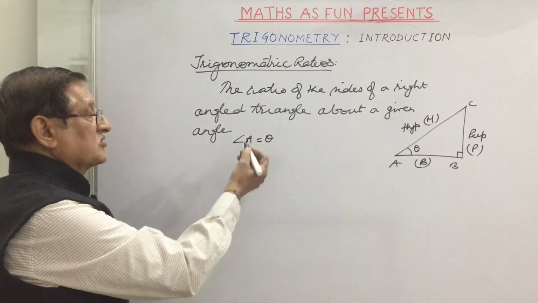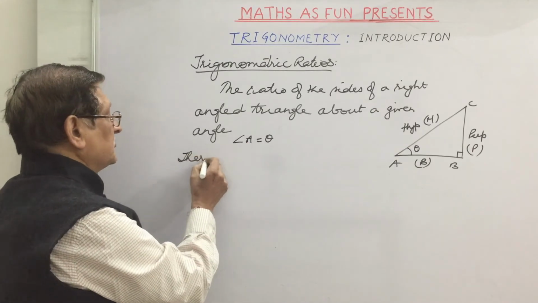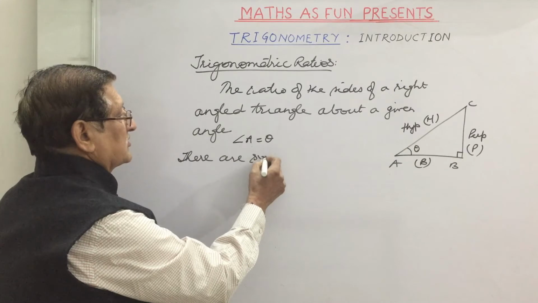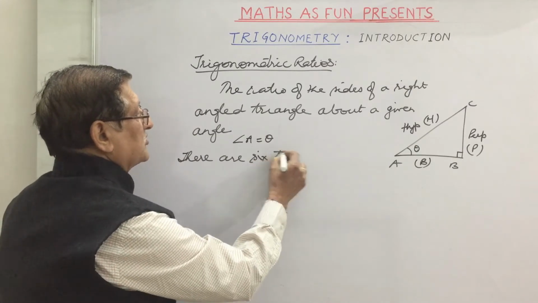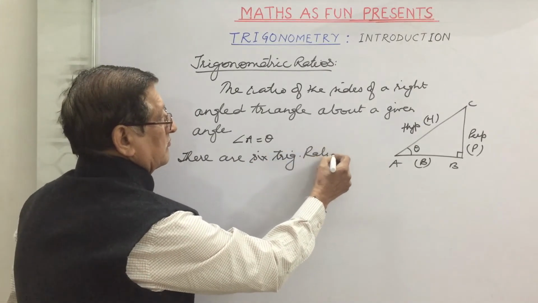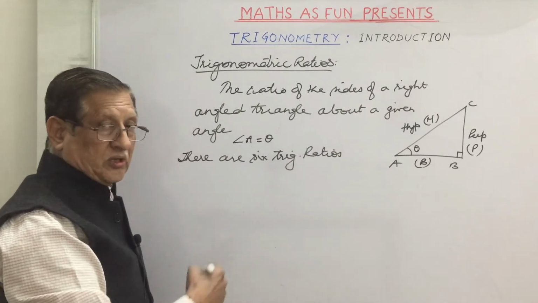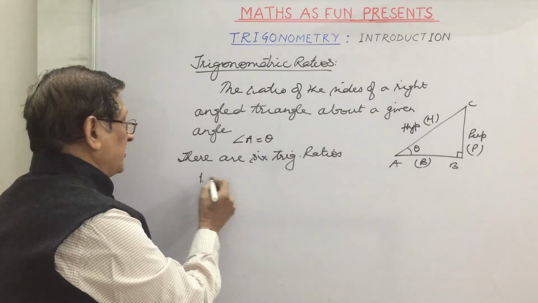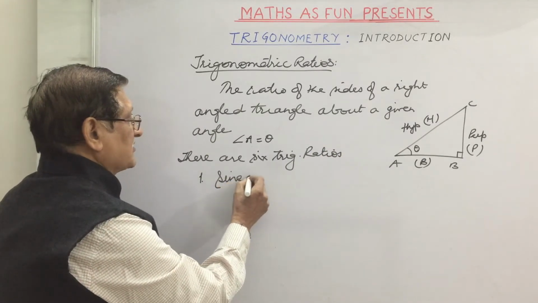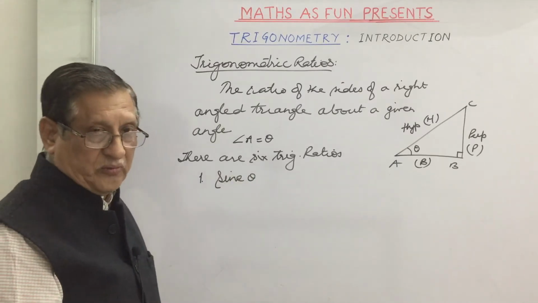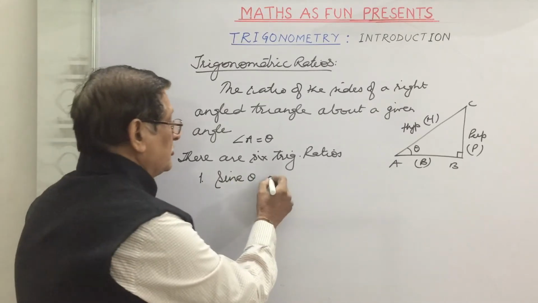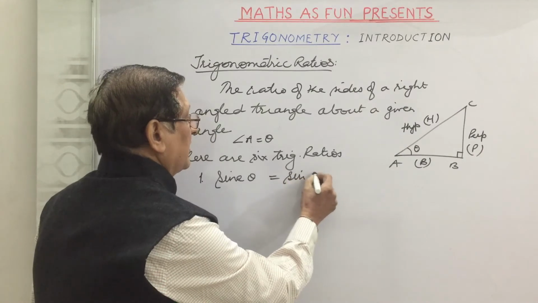Then we have 6 trigonometrical ratios. What are those? Number 1 is sine theta. S-I-N-E, sine theta is the full form of it, and in short we write it as sin theta, S-I-N.